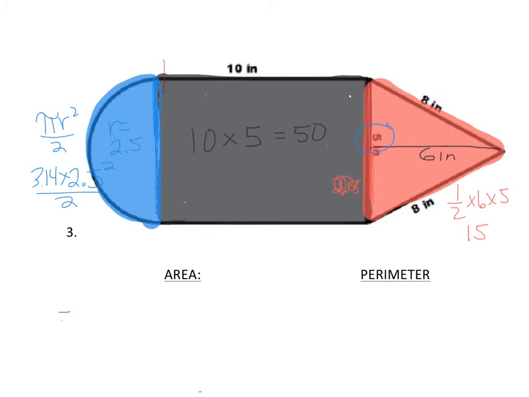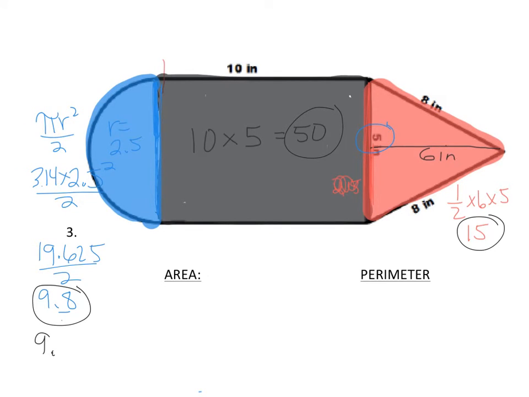So all of that is going to give me 19.625. When I divide that by 2, I get about 9.8. So now I've got to add 9.8, 50, and 15. For a total of 74.8 inches squared.